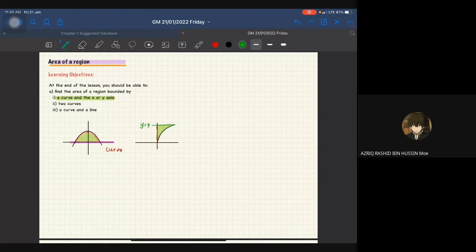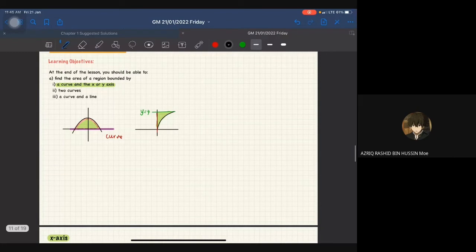Okay, so saya explain sikit je details. Kalau dekat x-axis, so dia ada lower limit and upper limit. Okay, so kalau dekat x-axis, maksudnya everything, your variable, it must be in terms of x. Okay, so contohnya, untuk this case, dia adalah from A until B. So A is lower limit, B is upper limit. So A is here, B is over here.